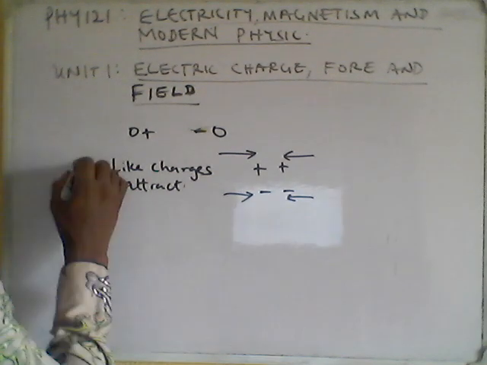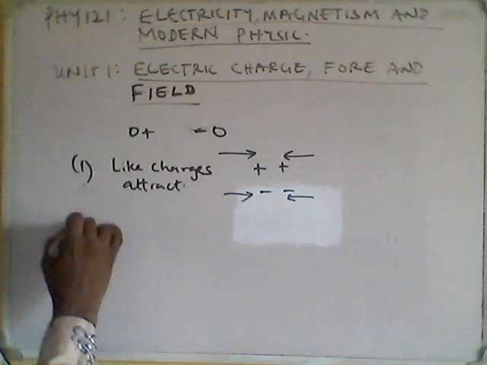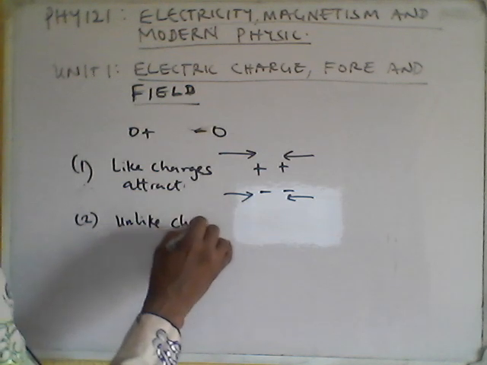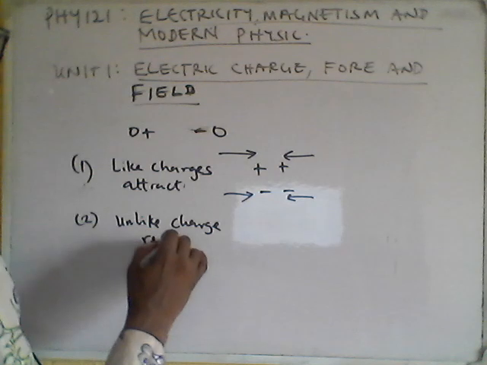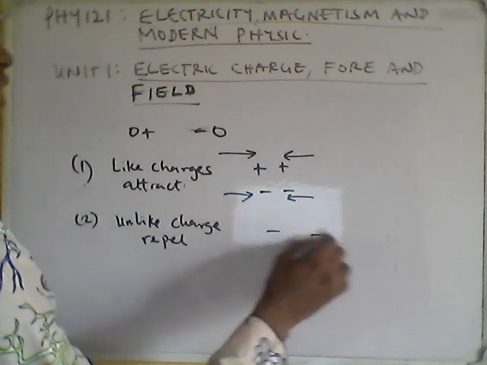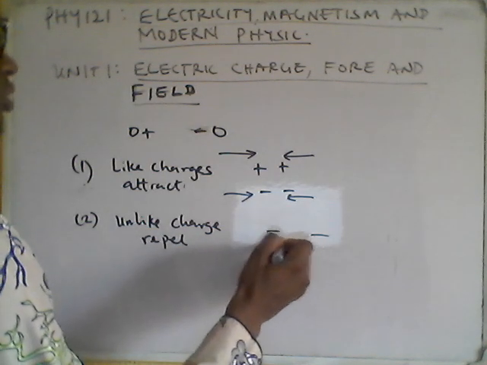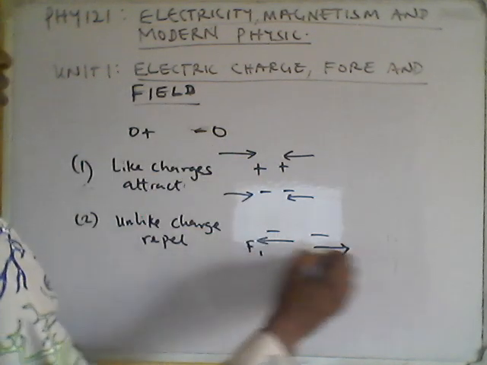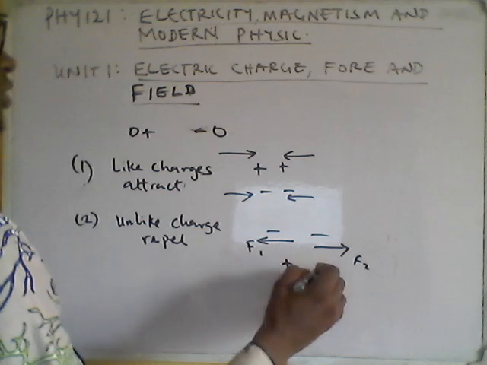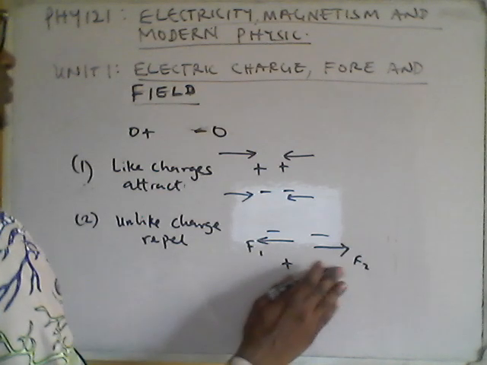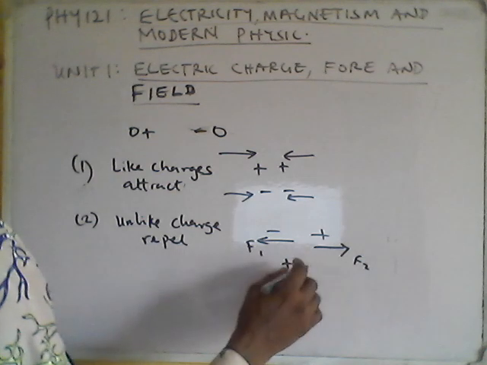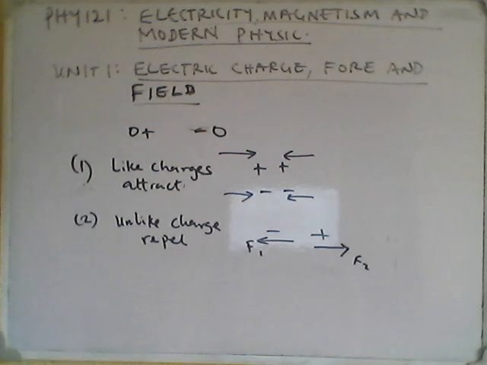Secondly, number two, unlike charges repel. There's a force that tries to take the unlike charges away from each other. So this is repulsion this way, this way. This is force F1 and F2. So if it is unlike charges, positive and negative, they repel.